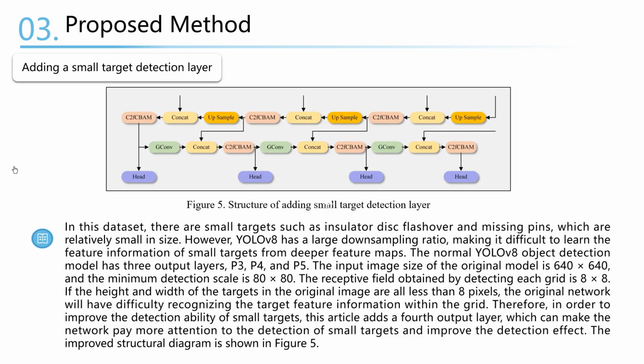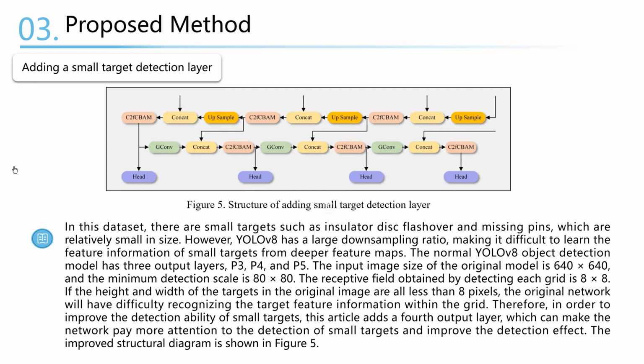The normal YOLO object detection model has 3 output layers: P3, P4, and P5. The input image size of the original model is 640x640, and the minimal detection scale is 80x80.